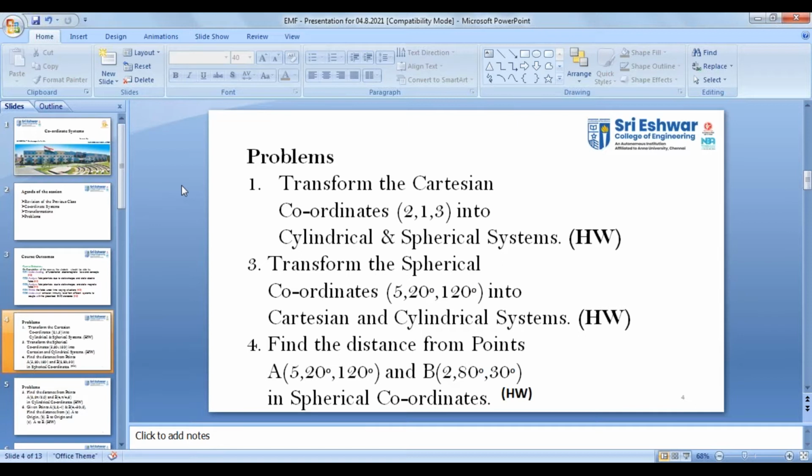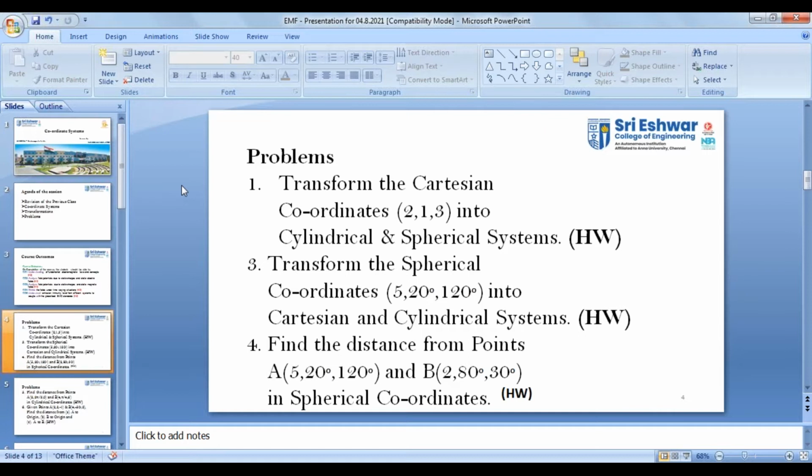Then we have seen in addition the formula for distance, which we saw on the board just now. Whatever may be the system given, for example two cylindrical points, or even combinational points can be given. Point A may be a cylindrical point and point B a spherical point, and they will ask for the distance. You should not blink.